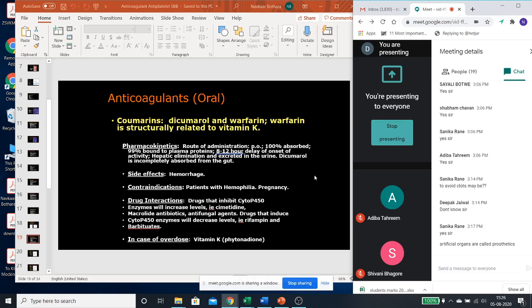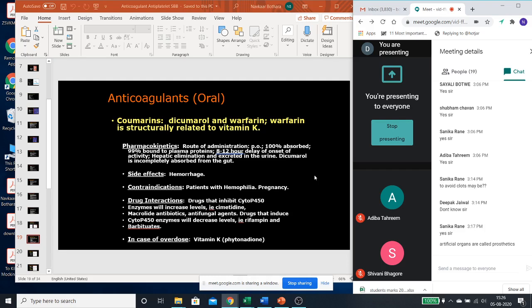So it has drug interactions, it has food interactions, and it is a drug which has 99% protein binding. There are so many interactions this drug has, and therefore it has to be monitored very, very strictly.